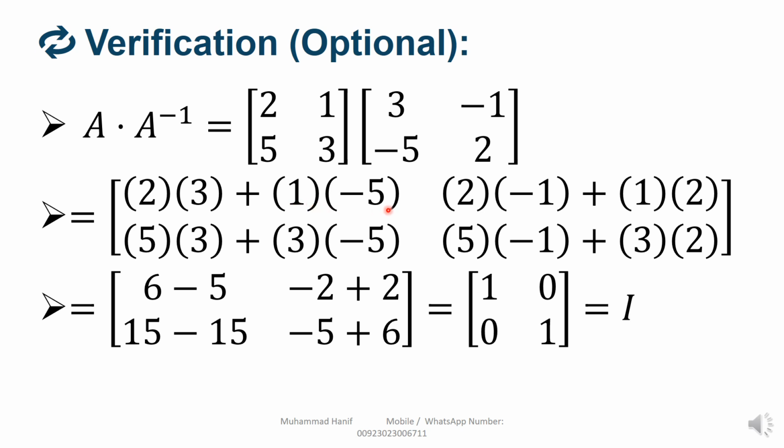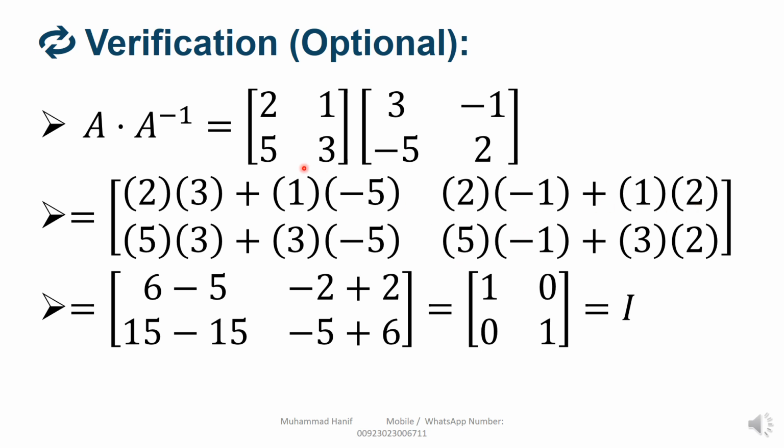Then 5 multiplied by 3, plus 3 multiplied by 5. Now we convert here: 2 multiplied by minus 1, plus 1 multiplied by 2.